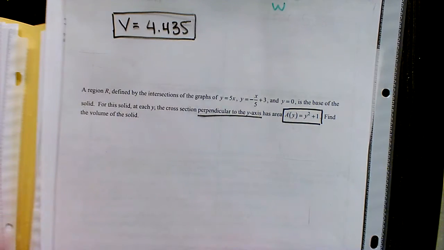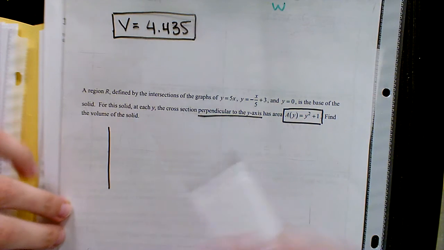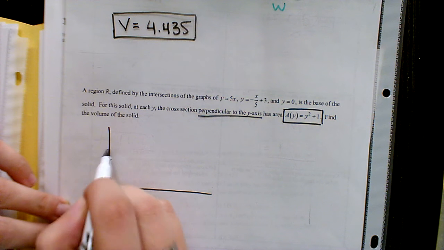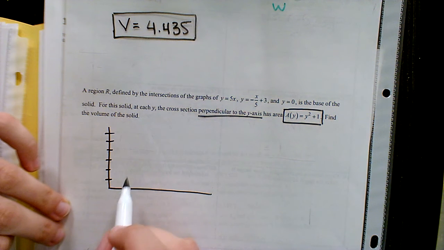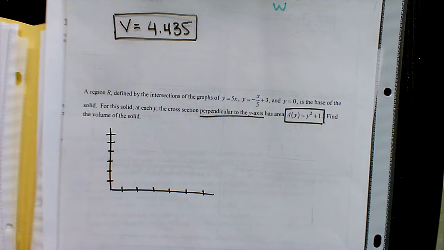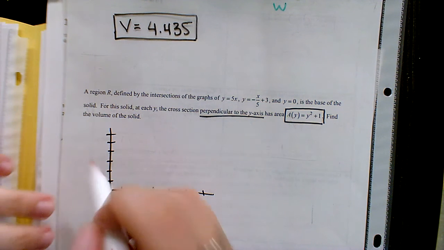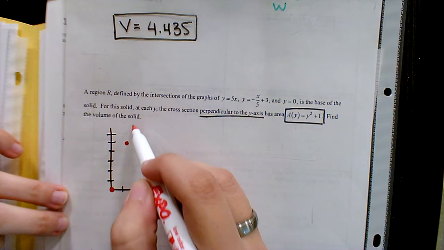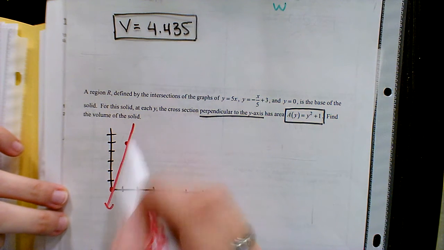Okay, let's maybe graph all these different functions to at least visualize the region we're working with. Alright, so y equals 5x, we can graph that line. Start at the origin, up 5 over 1.